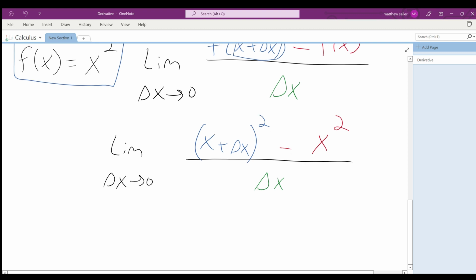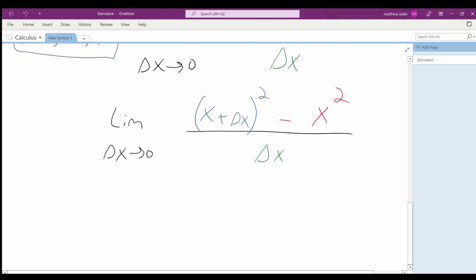So what I'm going to do is expand this blue part here. This is going to equal the limit as delta x approaches 0 of, expanding this square, x squared.